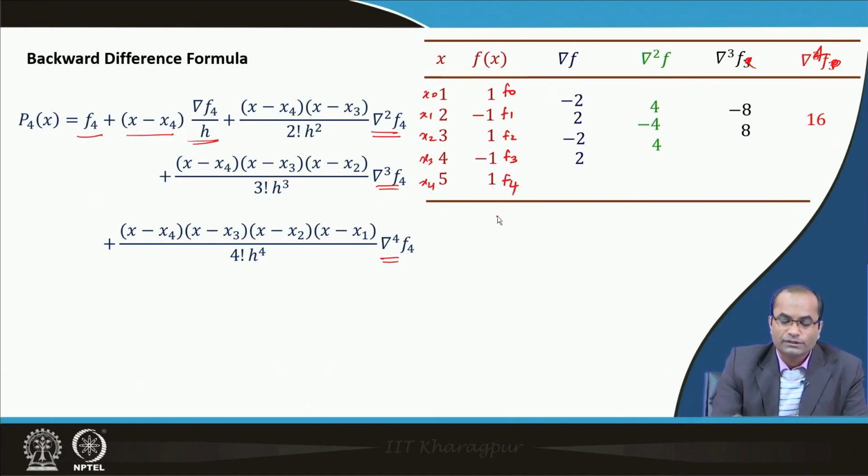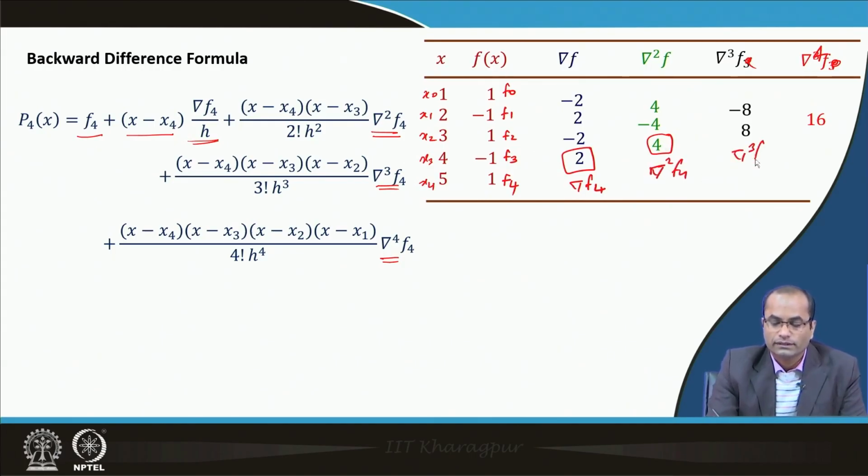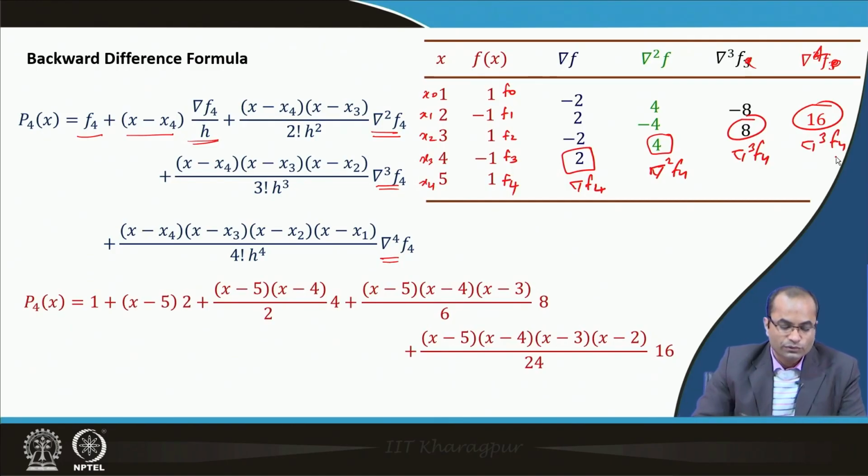And in the backward table, we know that this is actually delta f4, and here we have delta 2 f4, then delta 3 f4 this value, and then delta 4 f4. So, we can use all these values, 2, 4, 8, 16.